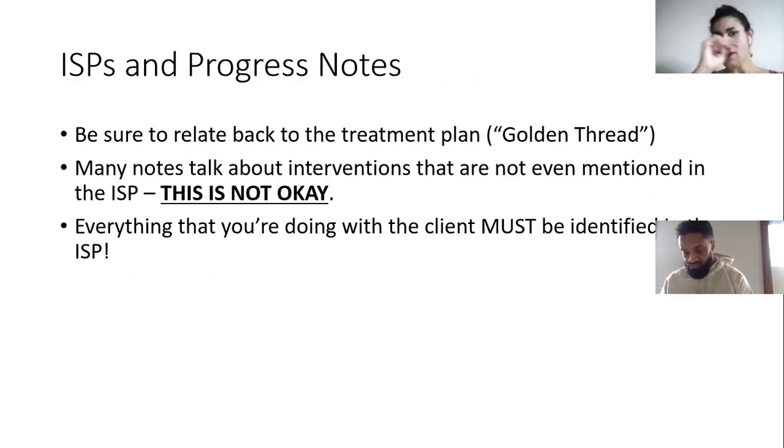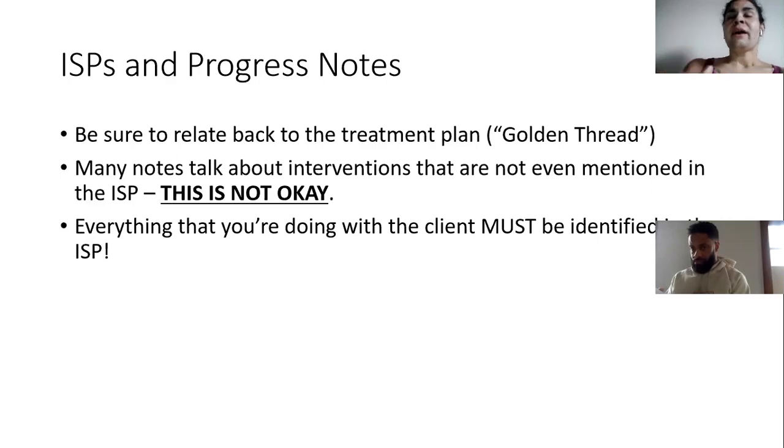Okay, so with treatment plans and progress notes, your progress notes need to come from your treatment plan. So everything that you're doing with the client in terms of your interventions needs to be on the treatment plan. In my current role with a different agency, all I pretty much do are chart audits. I'm the director of compliance and quality assurance at another agency.